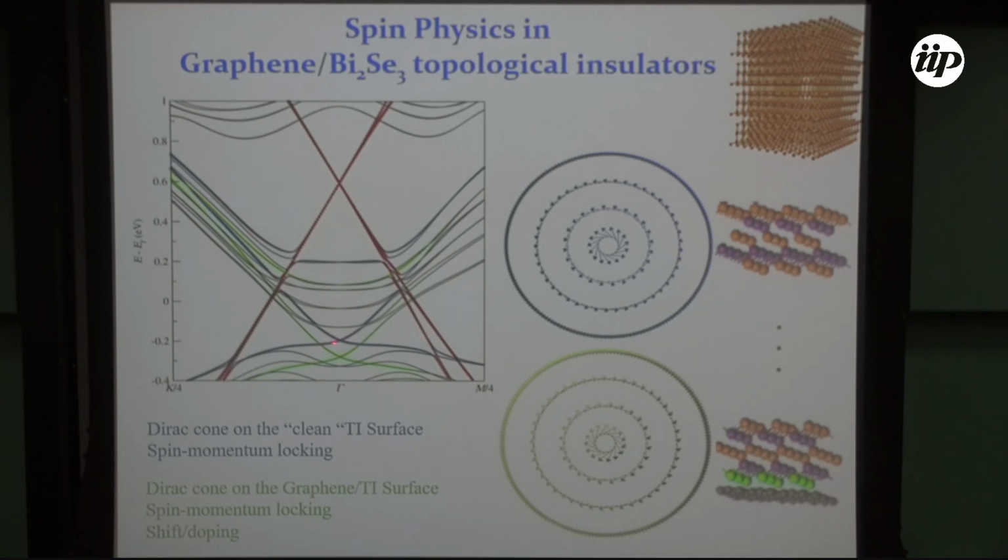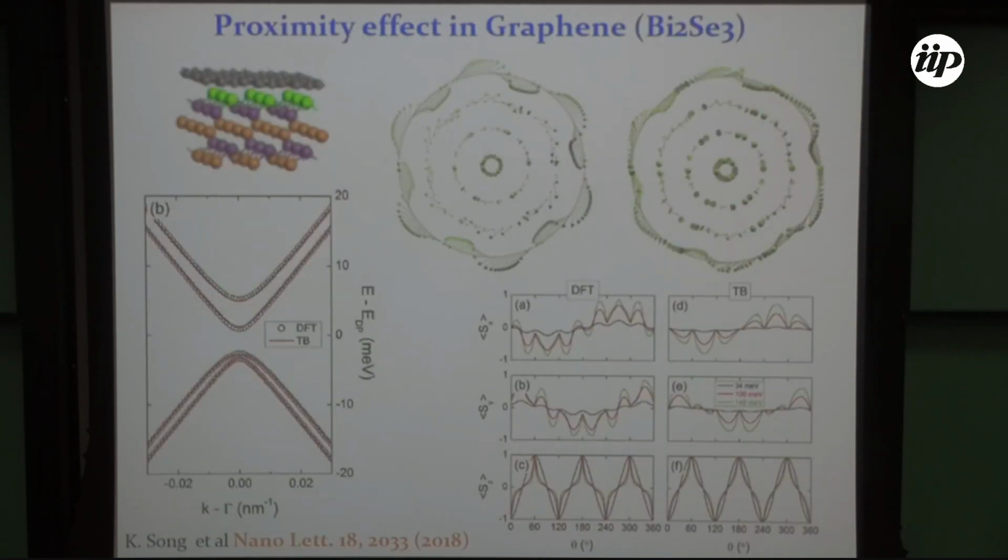The surface in contact with graphene also has its symmetry broken between the bottom and top surface, so that's why you have a splitting of the Dirac cones of the topological insulator. Again, the same kind of DFT tight-binding work has to be done, and again the spin texture is really important.